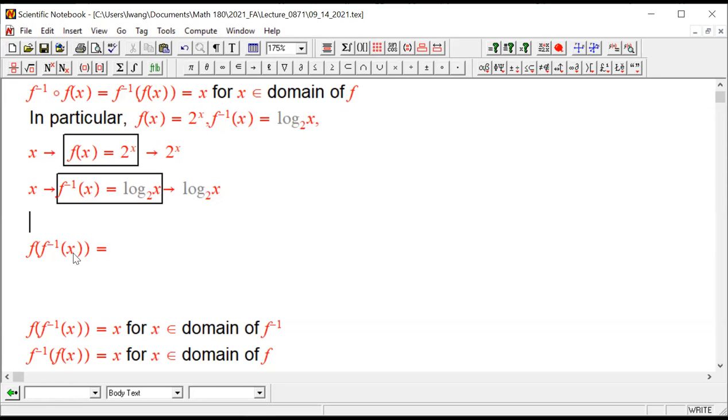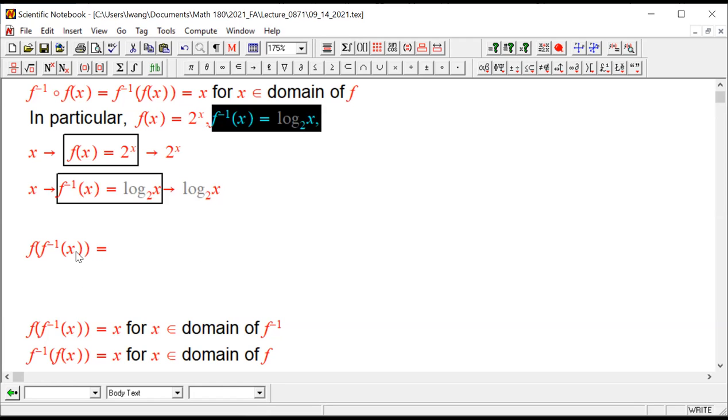Now I'm going to pick an X here because X is being acted on by F inverse. So this X must be from where? From the domain of F inverse, right? What's the domain of F inverse? Positive numbers.